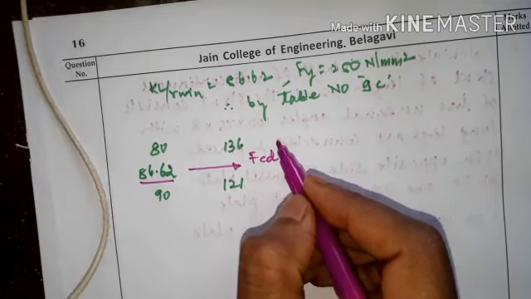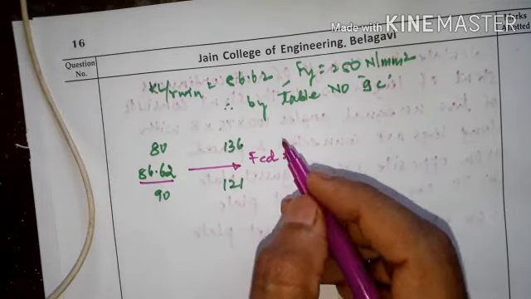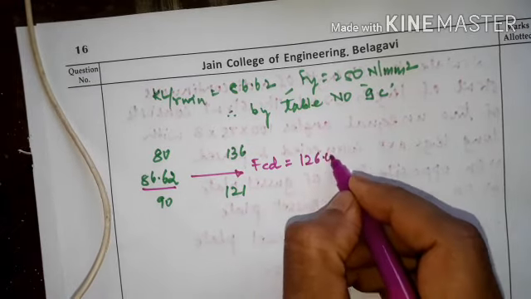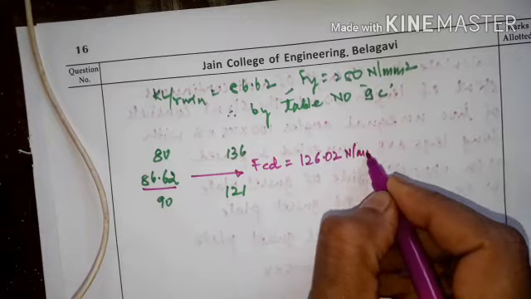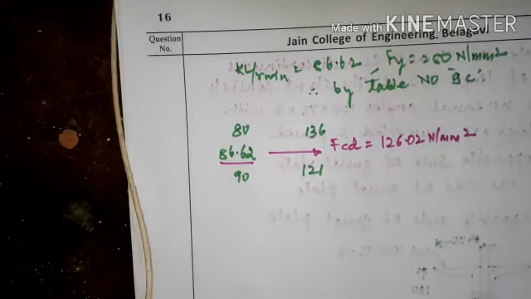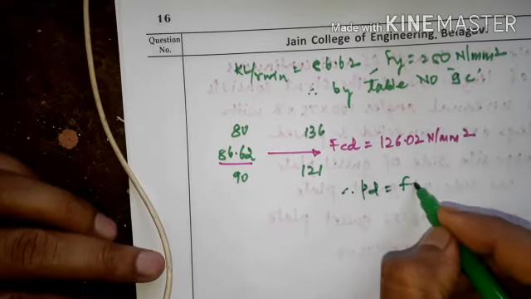After interpolation, you will get this value as 126.02 Newton per mm square. So therefore PD is equal to, again, FCD into AE.